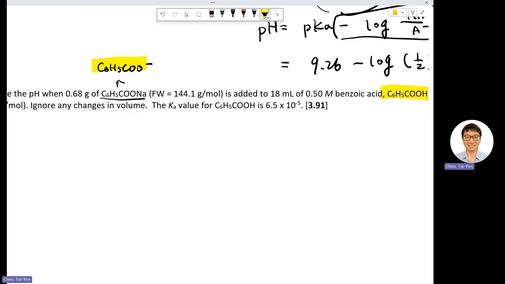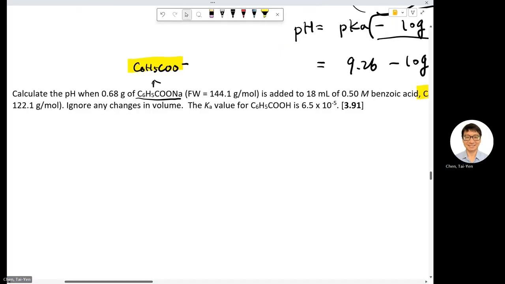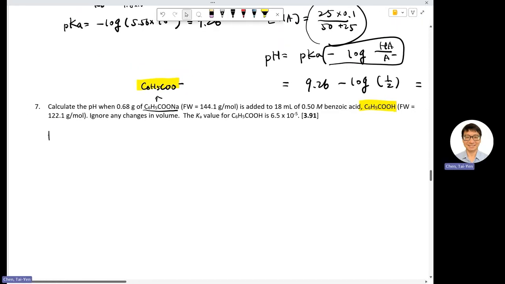Since you have a similar amount of conjugate acid and base pair, you know you have a buffer solution. Buffer solution, again, HH equation: pH equals pKa minus log acid over base.